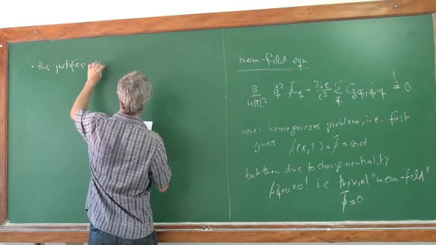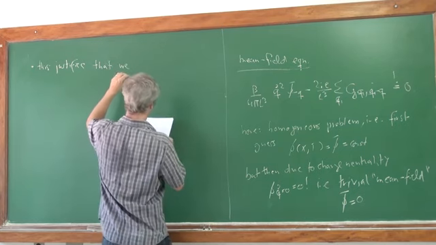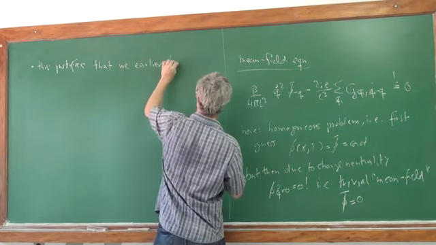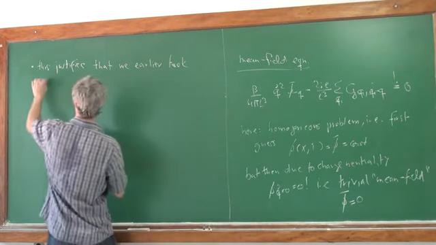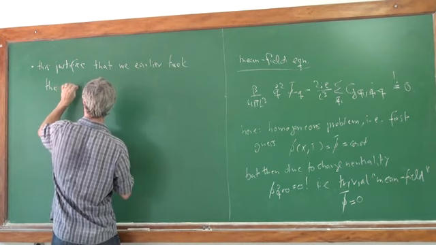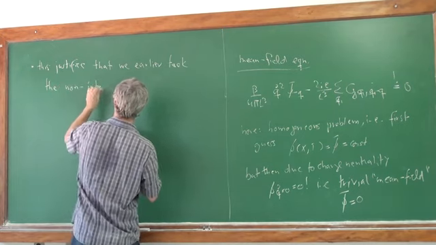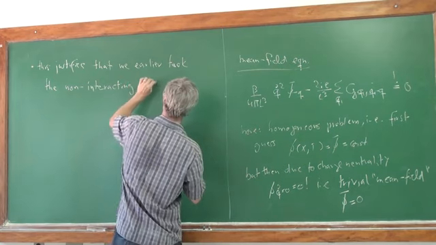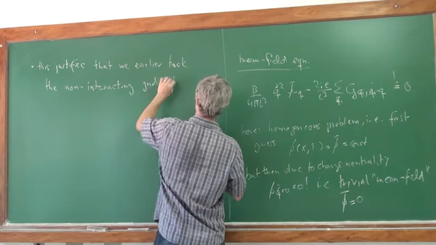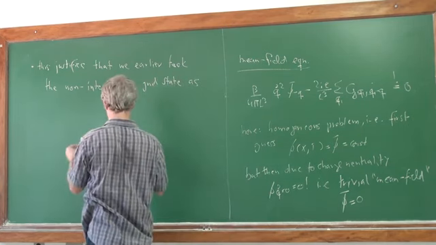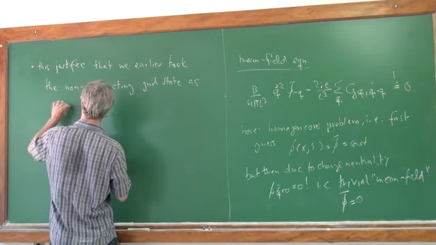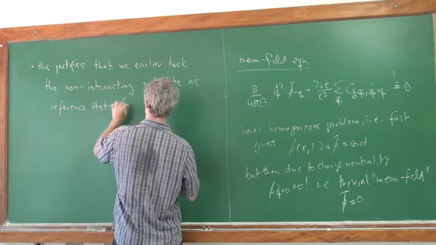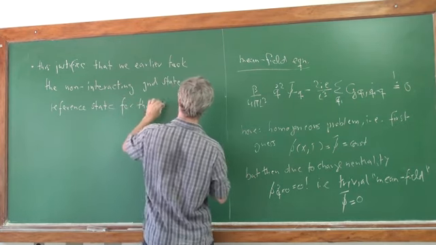This justifies that we early on in the diagrammatic analysis took the non-interacting ground state as the reference state around which we evolve perturbation theory.